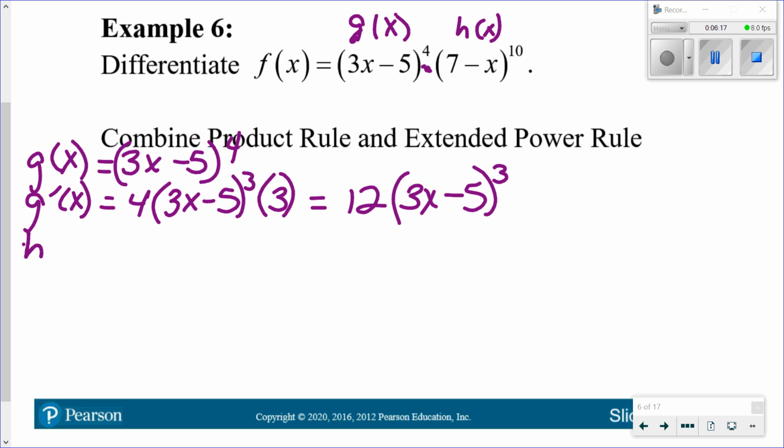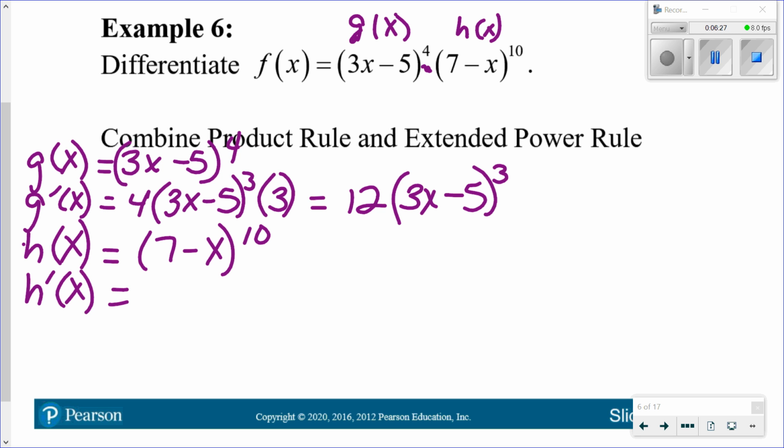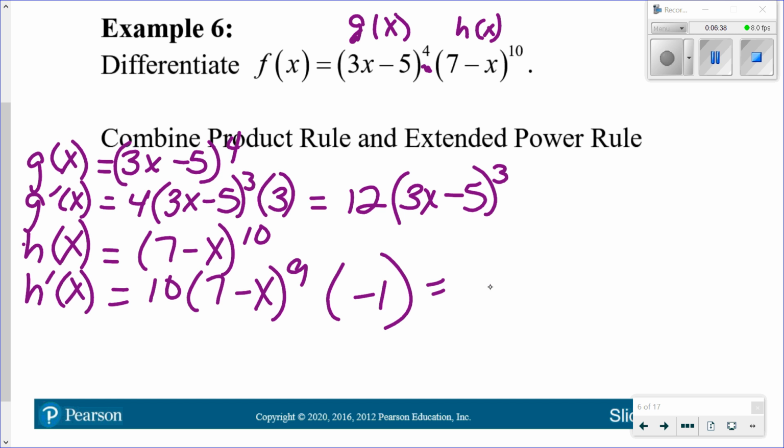Okay, h of x is (7 minus x) to the 10th, and h prime of x will be 10 times (7 minus x) to the 9th times negative 1. So all that's going to do is make this negative 10 times (7 minus x) to the 9th. So there's your h prime.